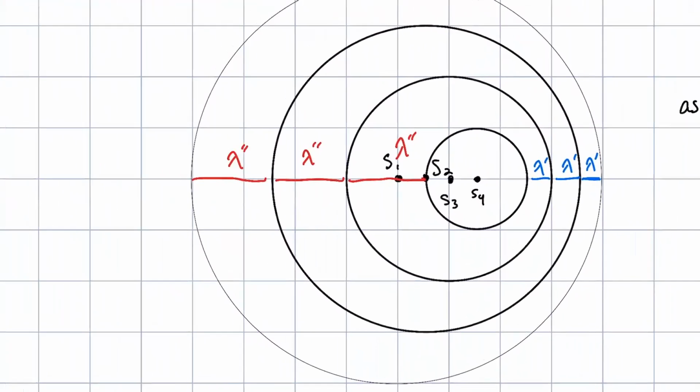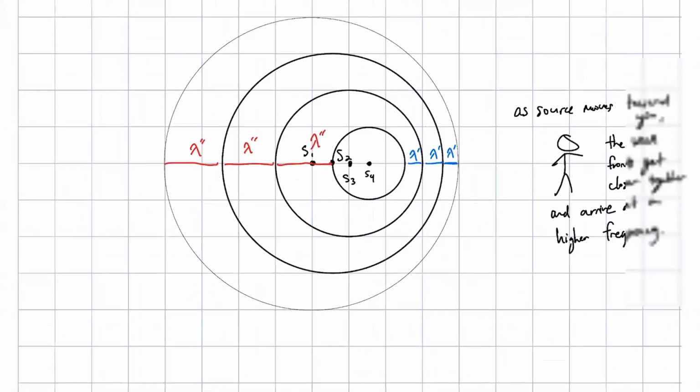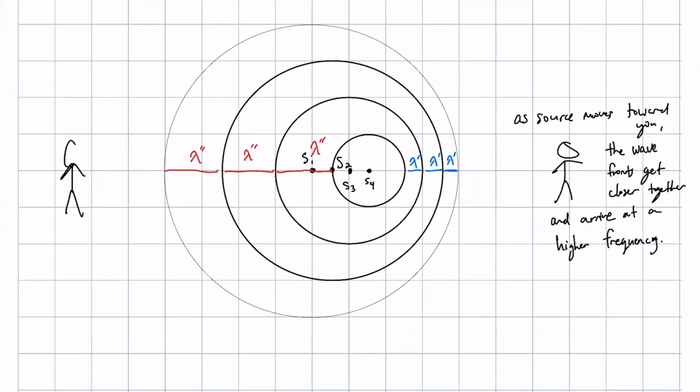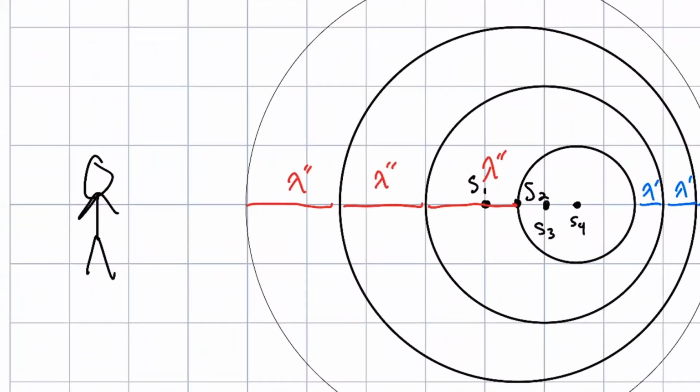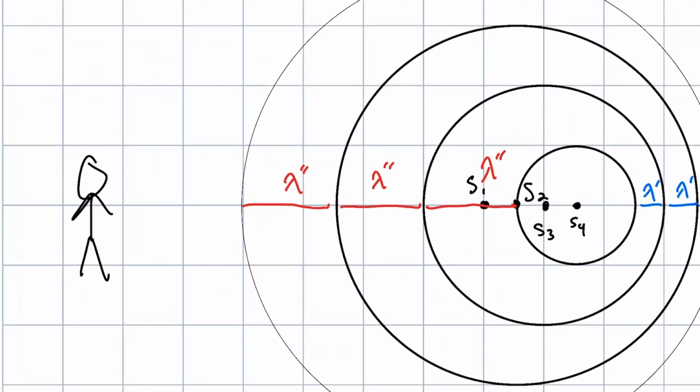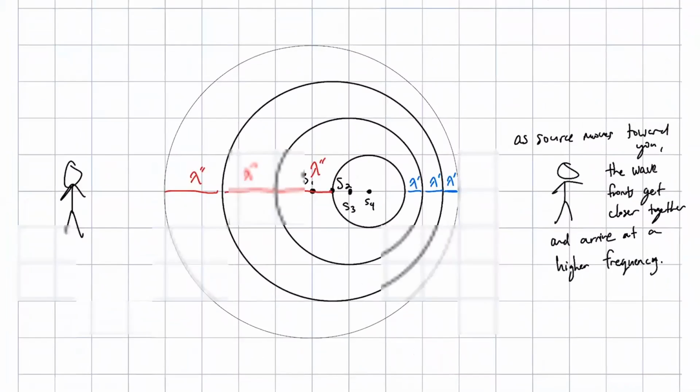On the left side, what if you're here observing the source move away from you? Well, now the spacing between the wave fronts has gotten bigger, right?